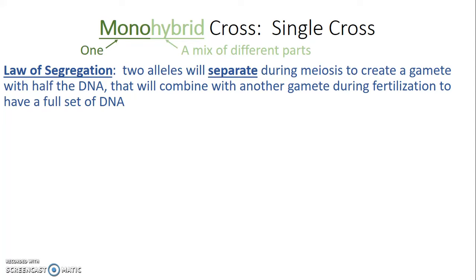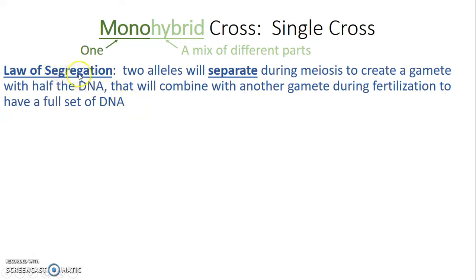We recorded this already on a previous chart, our crossing over chart, where in the end we get gametes that have separated the alleles to create gametes with half the DNA, so that each gamete has half the DNA and will combine with another gamete during fertilization to create a full set of DNA, a full cell.